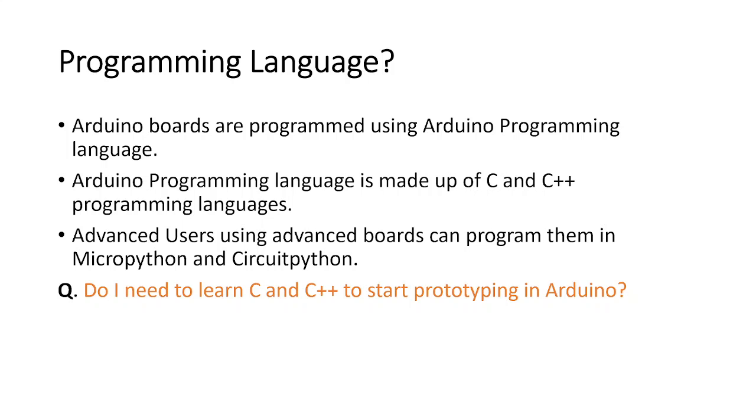Now, for embedded systems and electronics, we usually write a code called Blink. Blink is just turning on an LED for a certain period of time and turning it off for another duration. So if you succeed in blinking an LED, you are good to go. You can build any project.